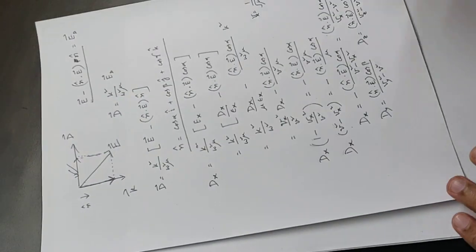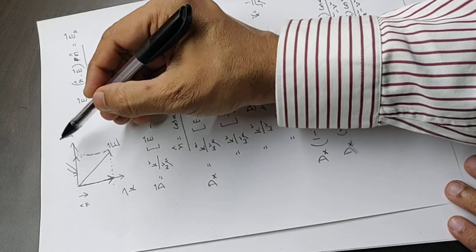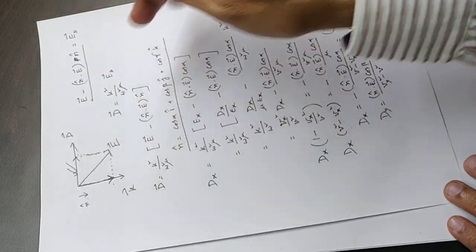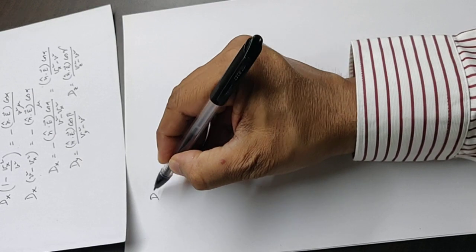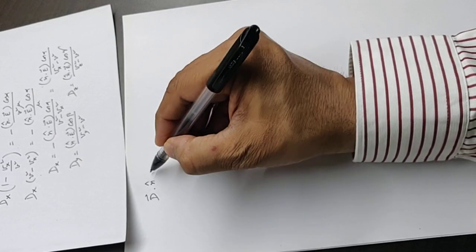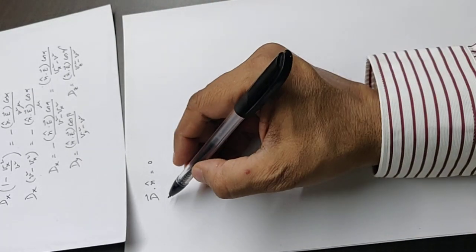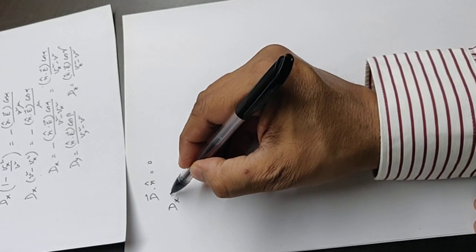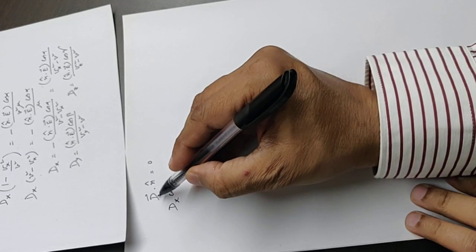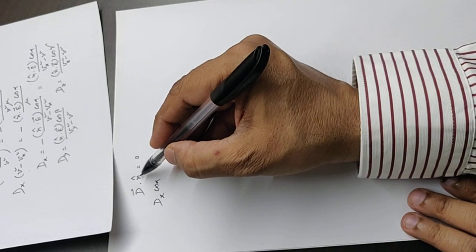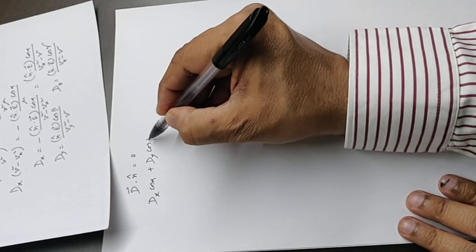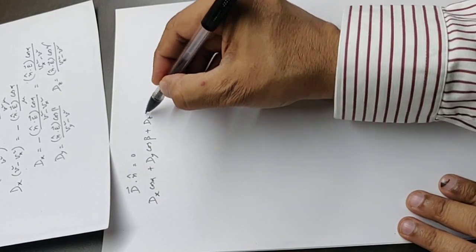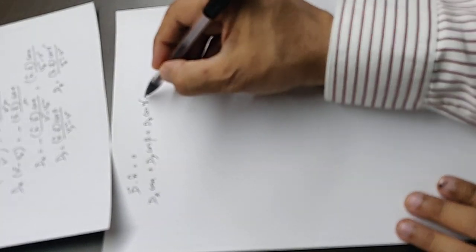But we know that d and k, which means that d and n, are perpendicular to each other, which means that d dot n must be equal to 0, which means that dx cos alpha, since the x component of n is cos alpha, plus dy cos beta plus dz cos gamma should be equal to 0.